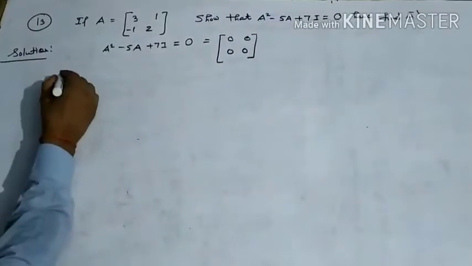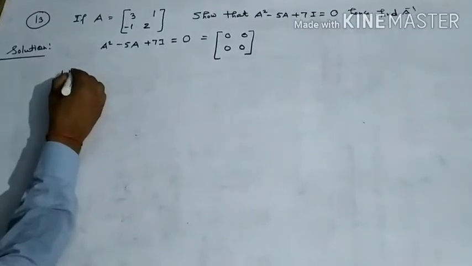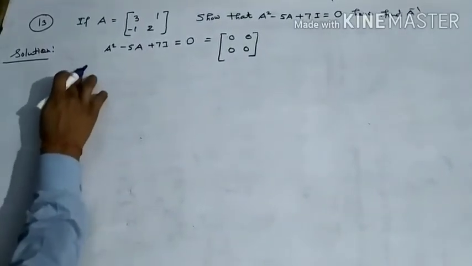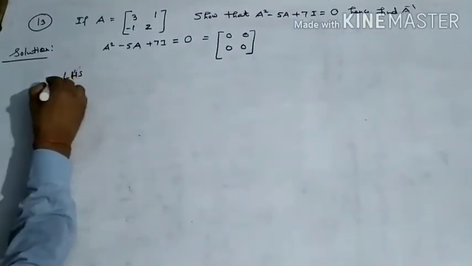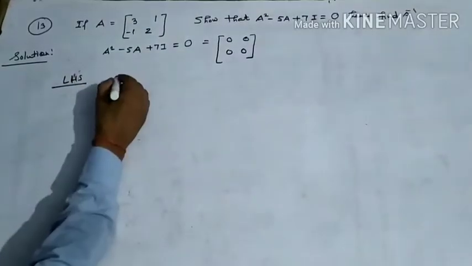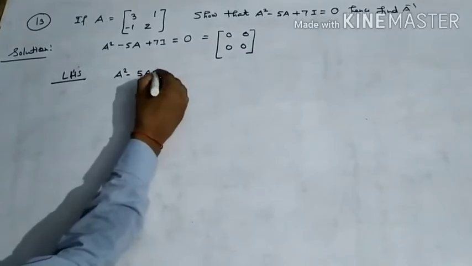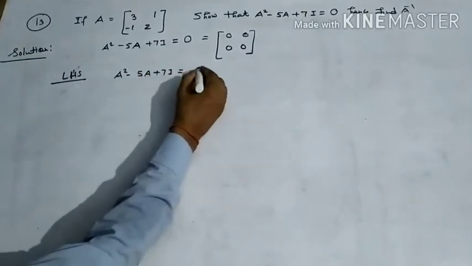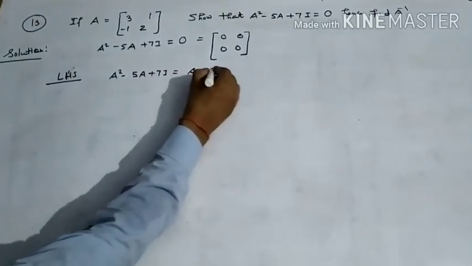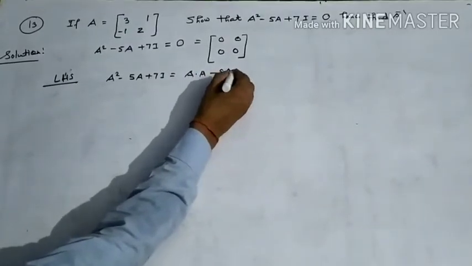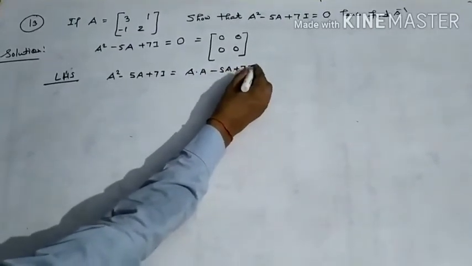Now the LHS we are going to take. So this is A square minus 5A plus 7I, which is equal to A into A minus 5A plus 7I.